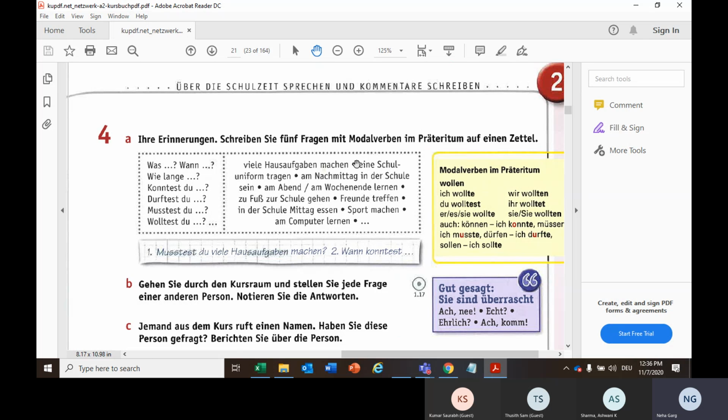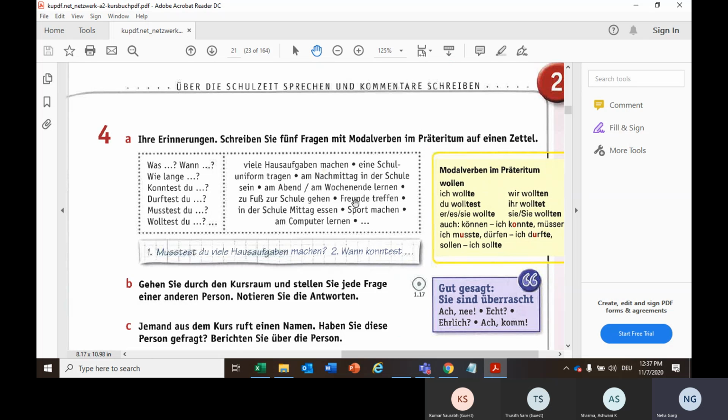Some words have been given. Here we have yes/no questions and W questions. Viele Hausaufgaben machen, to have to do a lot of homework, eine Schuluniform tragen, to wear a school uniform, am Nachmittag in der Schule sein, to be in school in the afternoon, and so forth.